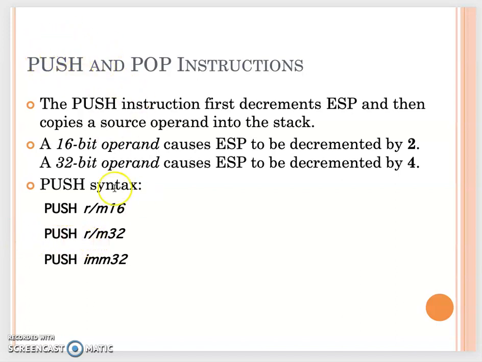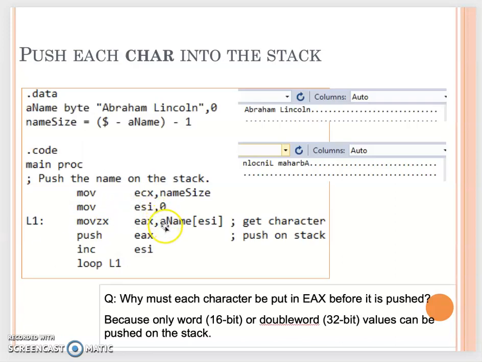Otherwise, the push only allows 2 bytes or 4 bytes. So in our example, we move the A to EAX. Since we move a 1 byte value to 4 bytes, we use MOVZX, so we have zero extension. Then we push the EAX onto the stack one by one.